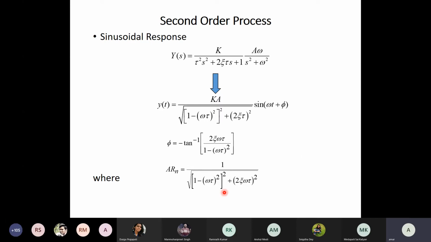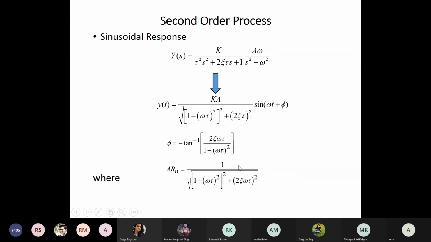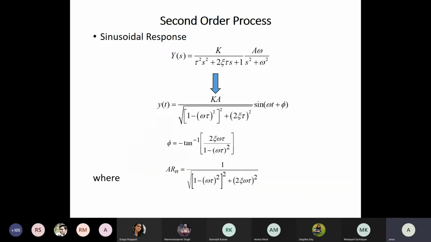we will get the expression for y(t), which will be again a sine wave, sine of omega t plus phi, where phi is the phase difference.